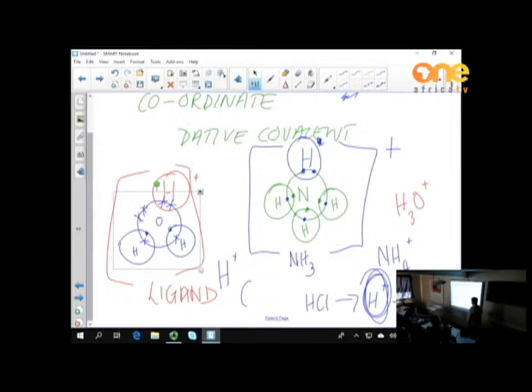When you look at hemoglobin in your blood, the heme part and the globin is a protein part. Now on this hemoglobin molecule, there are specific positions for the transport of oxygen. The oxygen attaches by means of a coordinate bond.